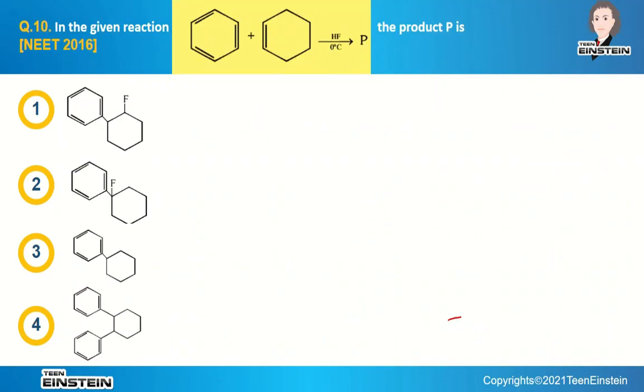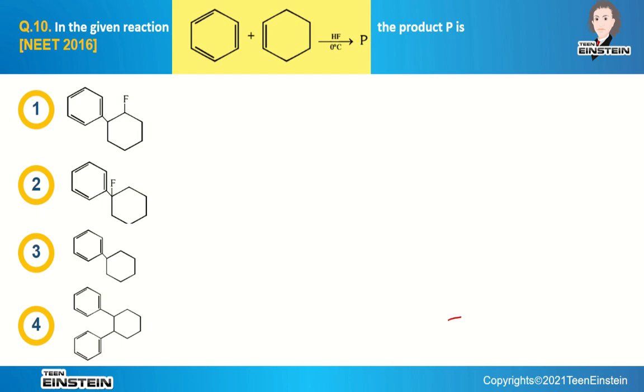So let us move on to the 10th question. Here in the given reaction they give 2 reactants which react in presence of hydrogen fluoride at 0 degrees centigrade.